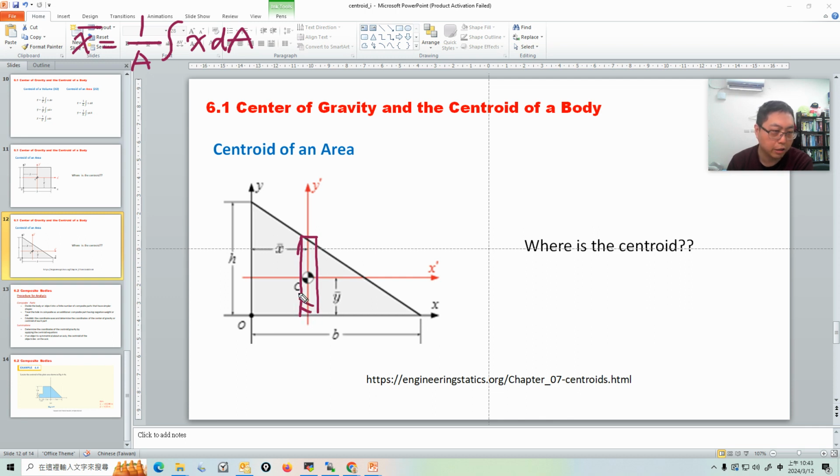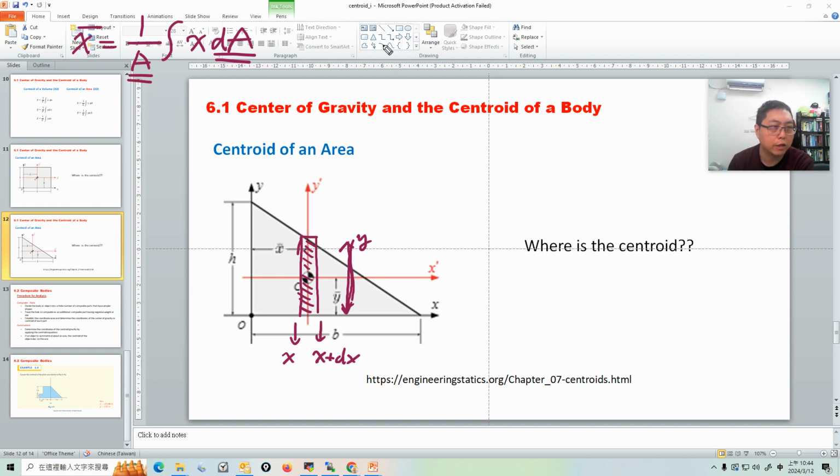Suppose this is x plus dx, and the height here we just say is y. So we need dA. dA means the tiny area of this tiny slice, and A is the total area.